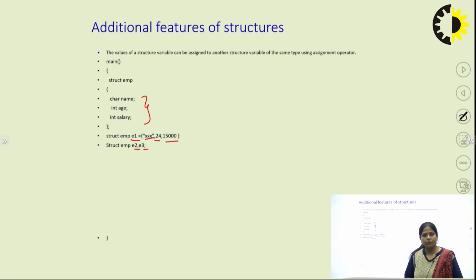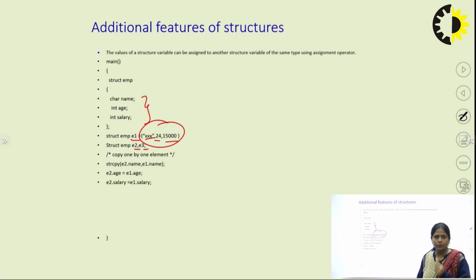Now what I want to do is keep a copy of this record in the other variables as well. So how can we do that? We have two options. One is copying one by one element, right?